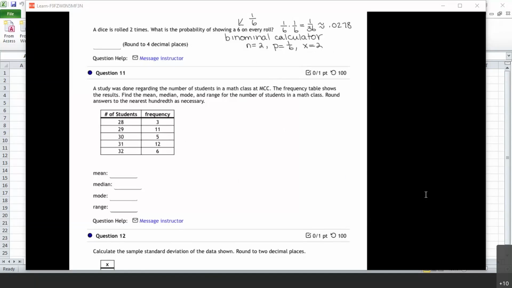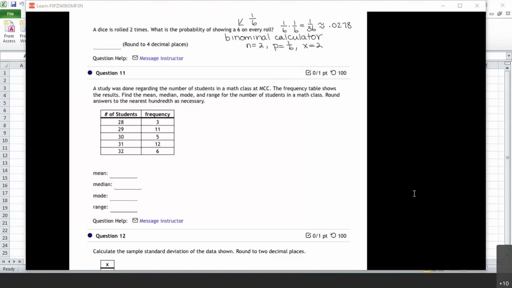Does anybody want to see me use the one variable calculator on number 11? Is everybody comfortable? They know how to use that? Again, you're doing this on a calculator to get the mean and the median.